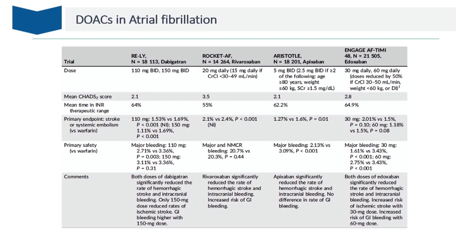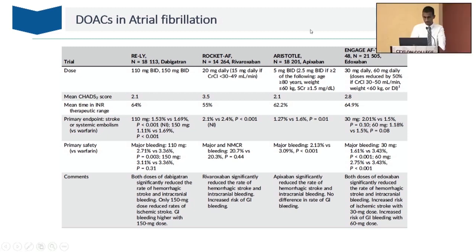Usually we'd expect a figure of more than 70 as pretty good. But what you see here in these comparators, so all these DOACs were compared to patients on warfarin, they were quite close to that 70 mark. So what I want to say is that these DOACs were compared to a group of patients who were fairly doing well in their INR values.